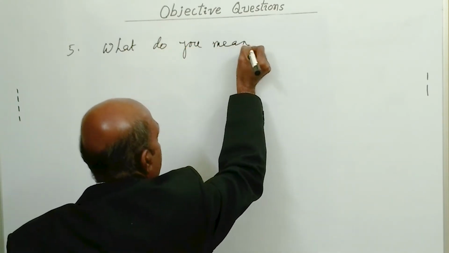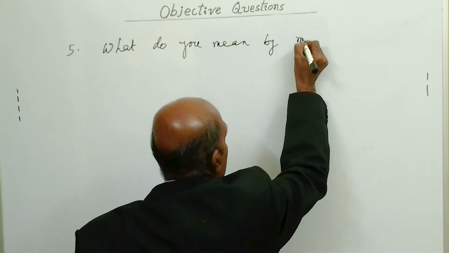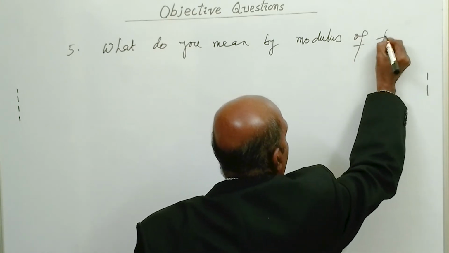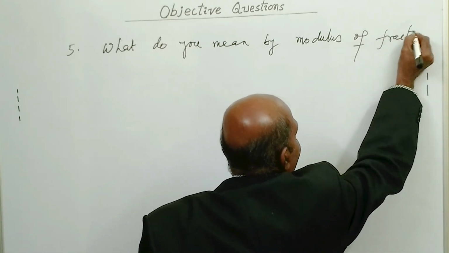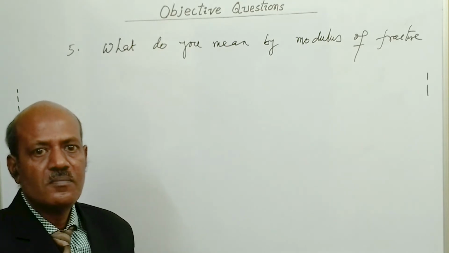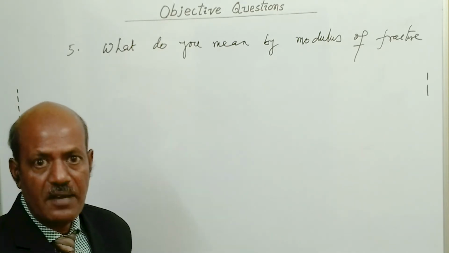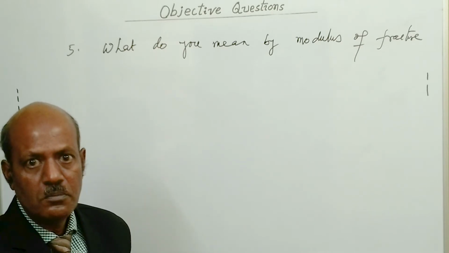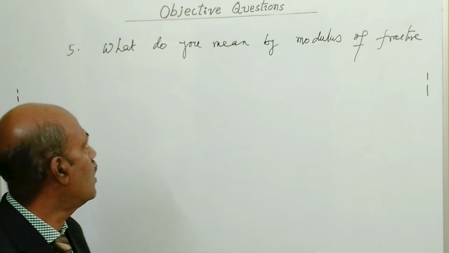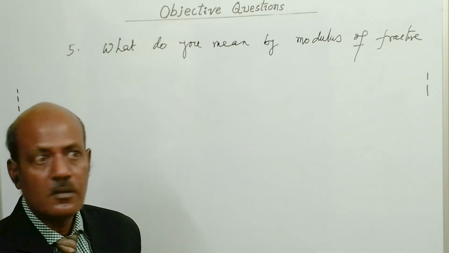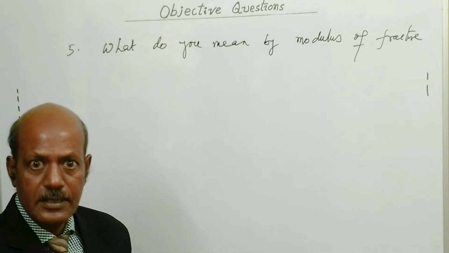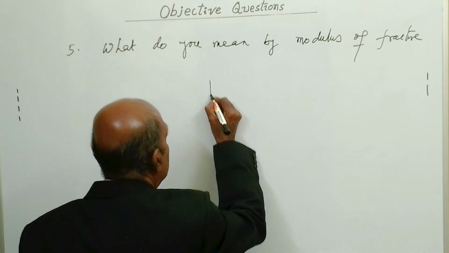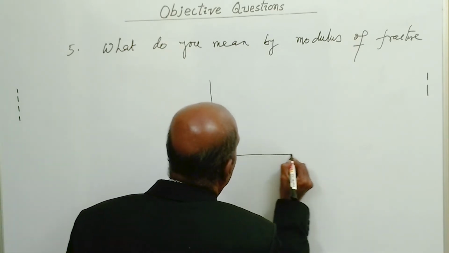The energy absorbed by the body per unit volume before failure is called the modulus of fracture. That means the energy absorbed by the body before failure per unit volume is known as modulus of fracture.